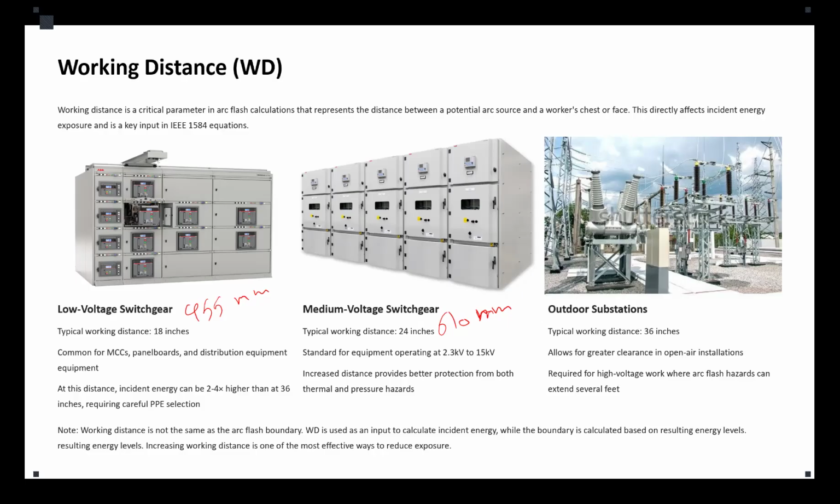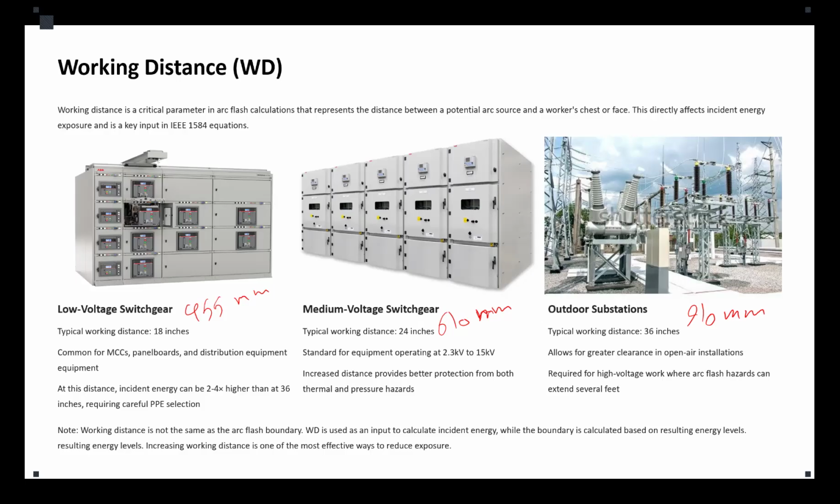Now, we also could have outdoor substations. The typical working distance in an outdoor substation is 36 inches, which is about 910 millimeters. It is normally outdoor switchyards, pole mounted disconnects or edge switch terminals.